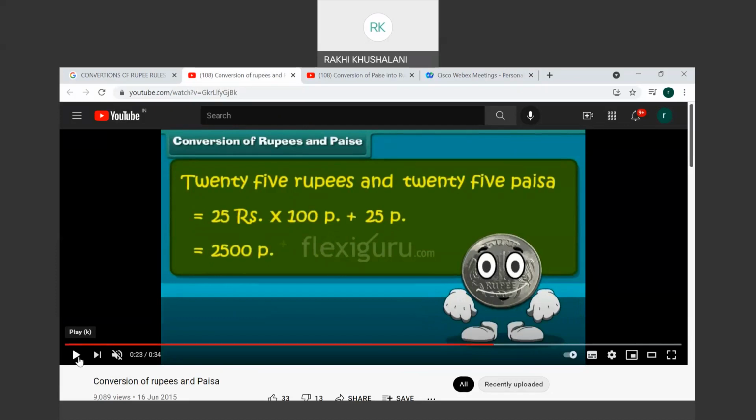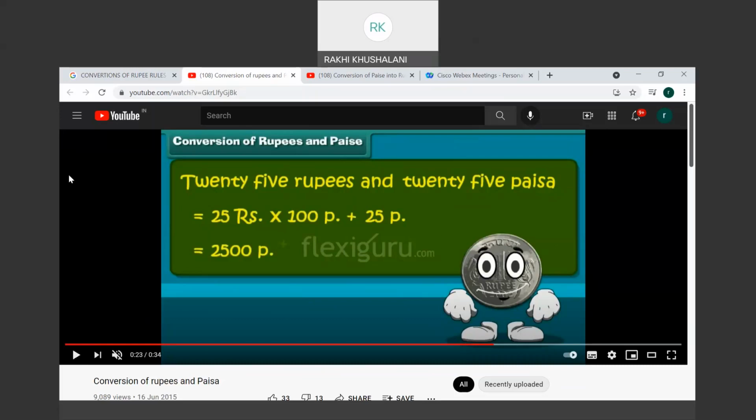Now the conversion: as we saw in the last slide, and you have done it in 4th standard also, 1 rupee is equals to 100 paisa, or 1 paisa is equals to what? Yes, what did we see in our slide? 1 upon 100.